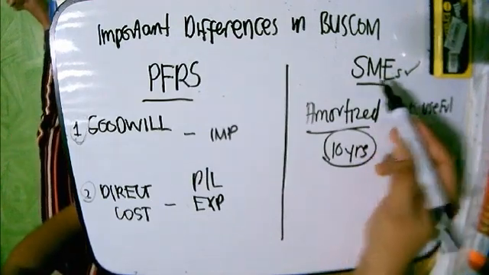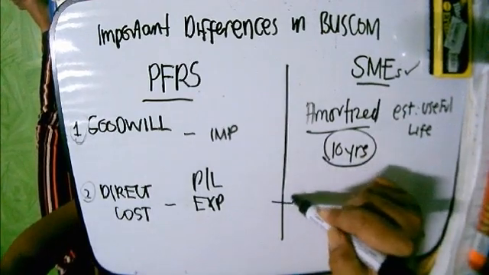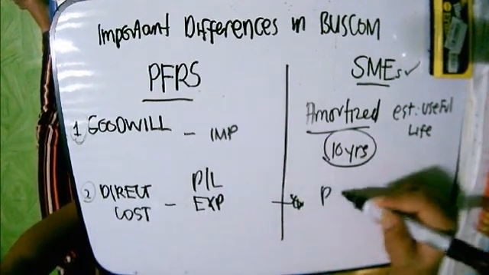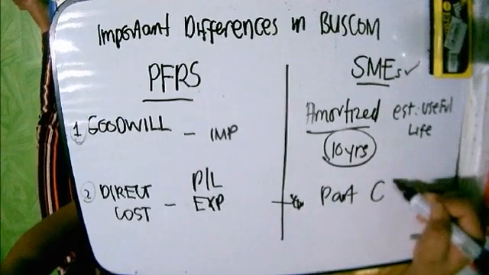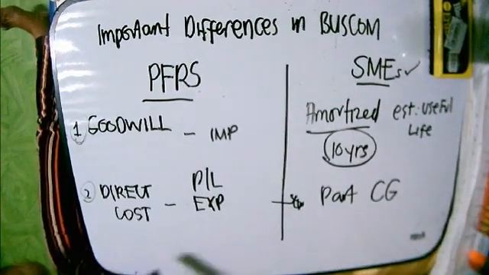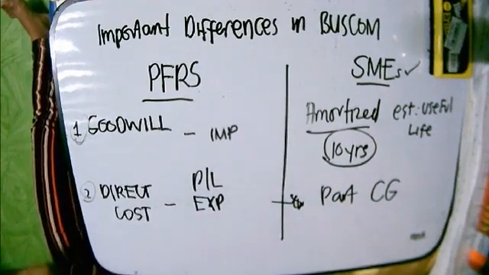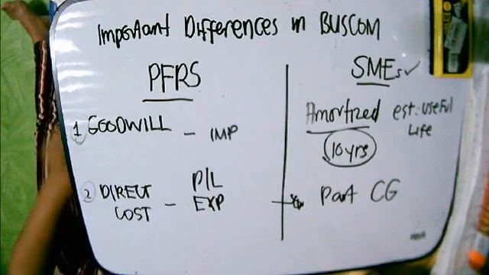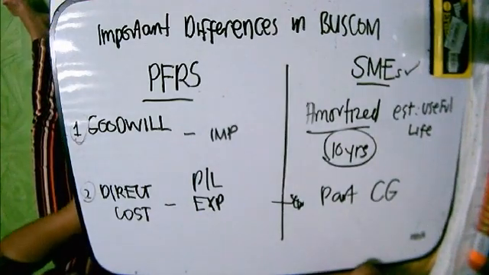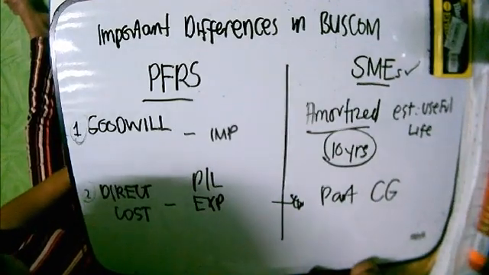Pero under SMEs, direct cost will be part of the consideration given. So, ganun siya. Again, direct cost under full PFRS is charged to expense. Under SMEs, it will form part of the consideration given.